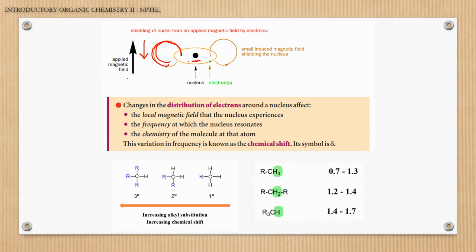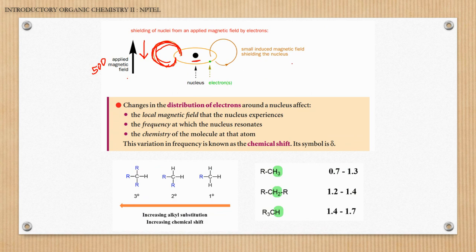So here, if you have applied, say, 500 megahertz, your nucleus will not feel the 500 megahertz. What it will feel is how much secondary induced interaction there is, so it will subtract from this applied magnetic field, cutting down the intensity with which you have applied the magnetic field.